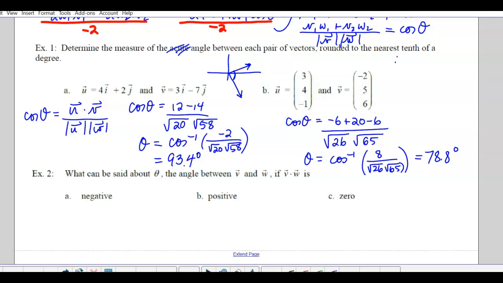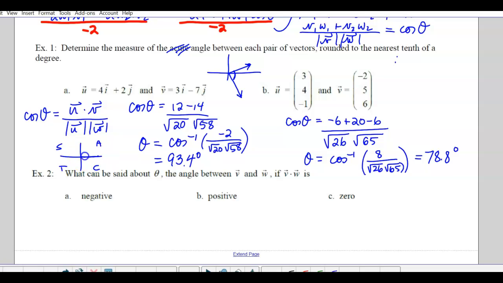Okay, so then what can be said about the angle theta, angle between V and W, if your dot product is negative? So there's an example here. Dot product here was negative. This angle was bigger than 90. If you remember back to math 30, and even math 20, cosine is positive in the first quadrant, in the second quadrant, cosine is negative.